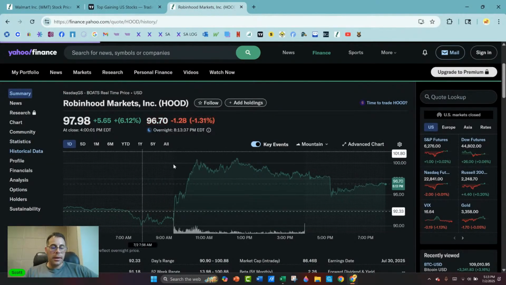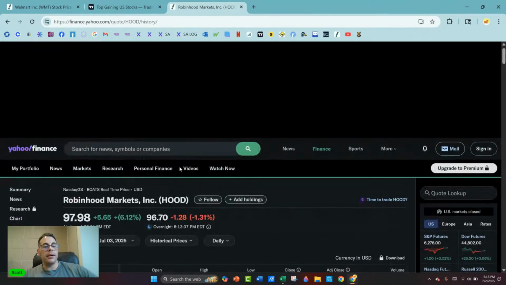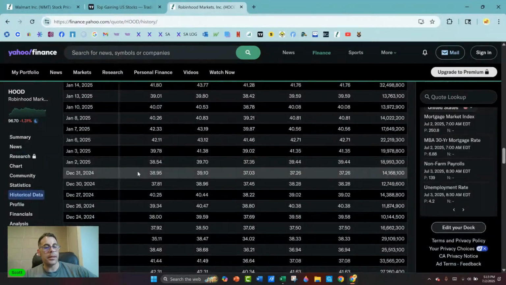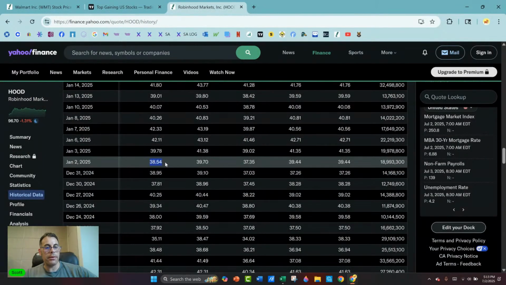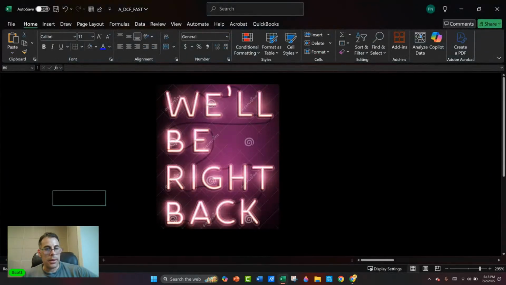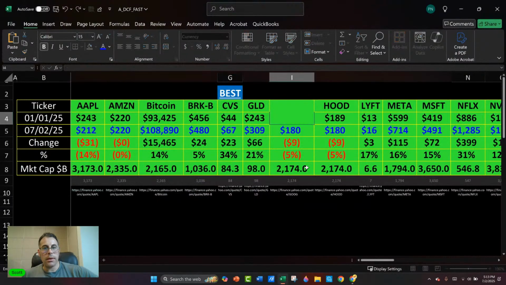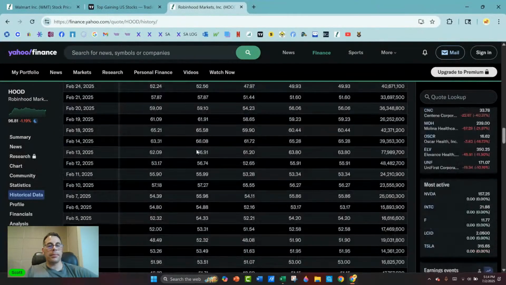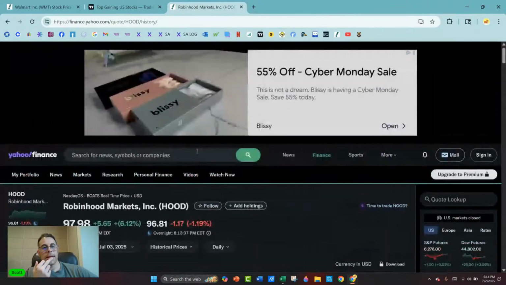So let's see. I got to get Robinhood for the first day of the year, because all the stocks I'm tracking from day one, $38.54. And what's it at now?